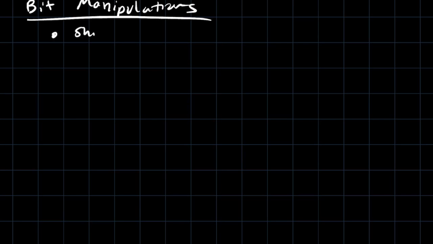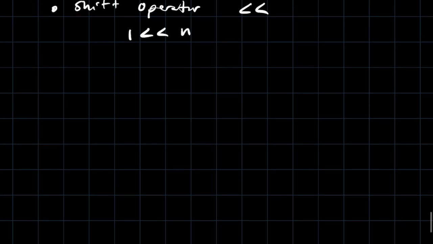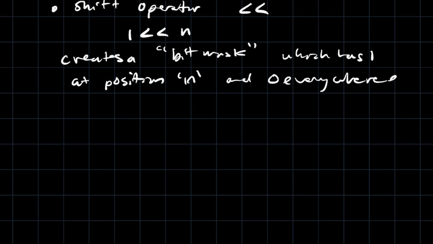So a shift operator, and particularly the left shift operator here, looks something like this. One left shift by N creates a bit mask which has 1 at position N and 0 everywhere else.